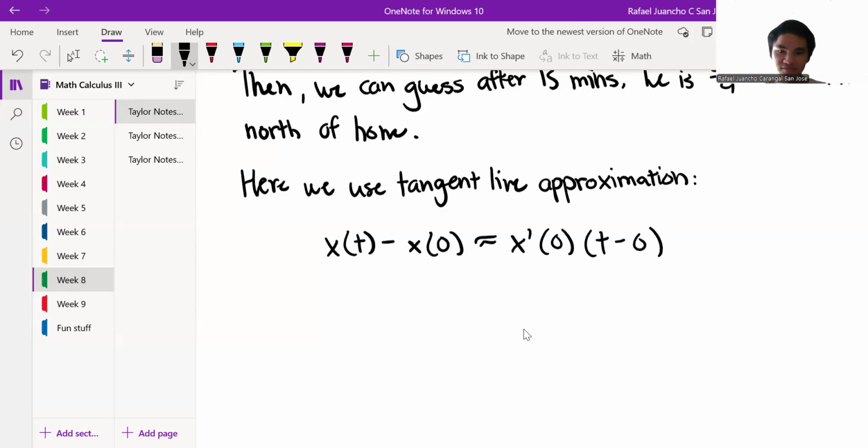We could do that. Again, it's just a tangent line approximation. And recall that the equation of the line which is tangent to the graph of y equals f of x when x is equal to b.